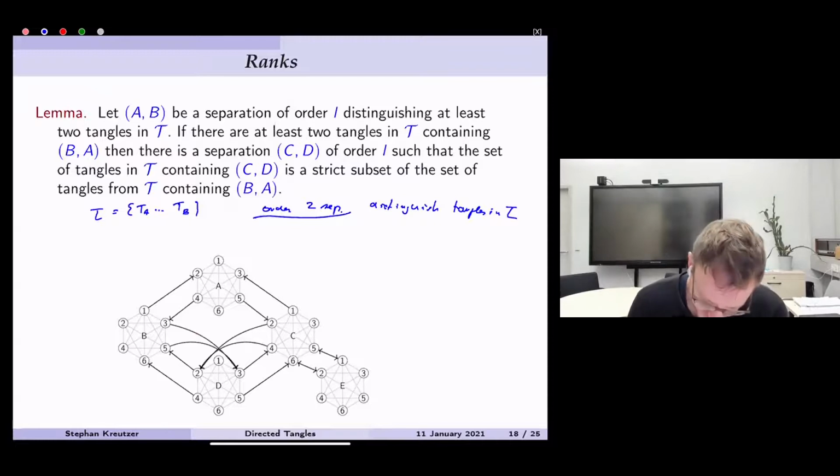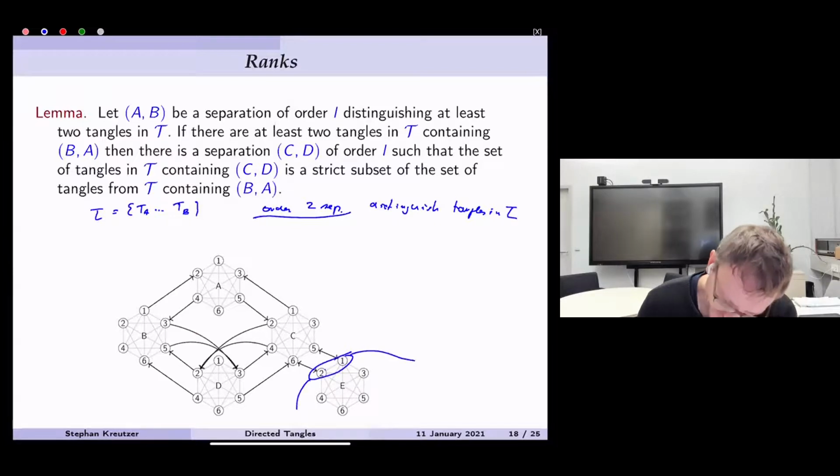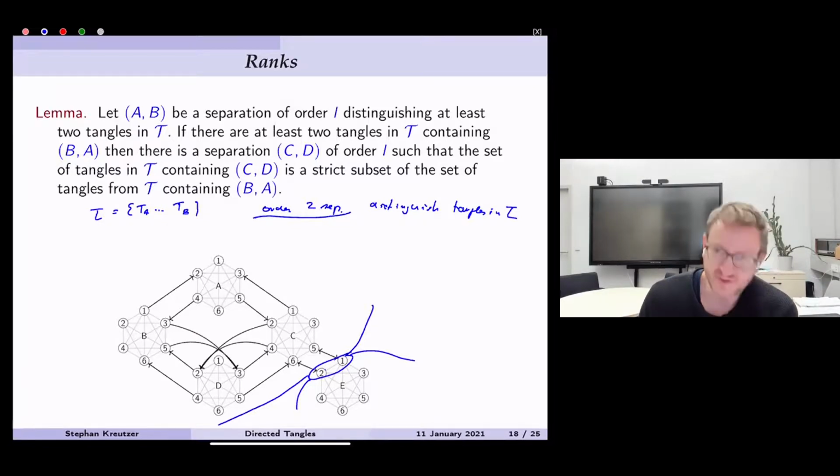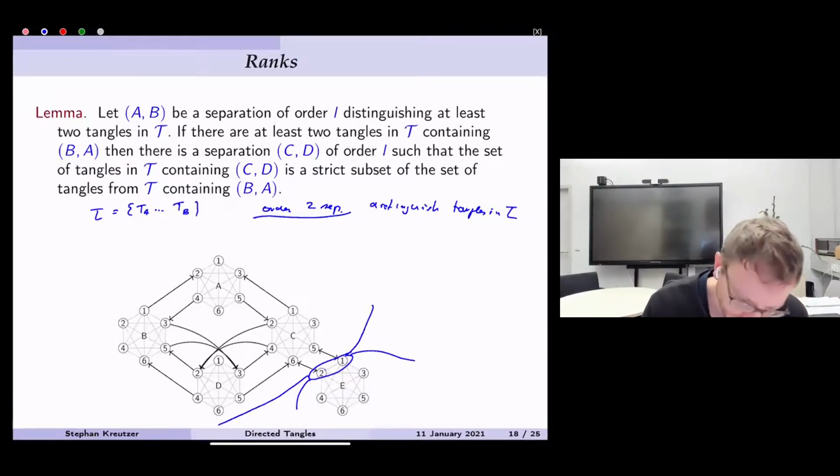And we want to make the side containing E as small as possible. So we would perhaps take this separation here, these two vertices as a separator. And then we see it has E on one side and everything else on the other side.